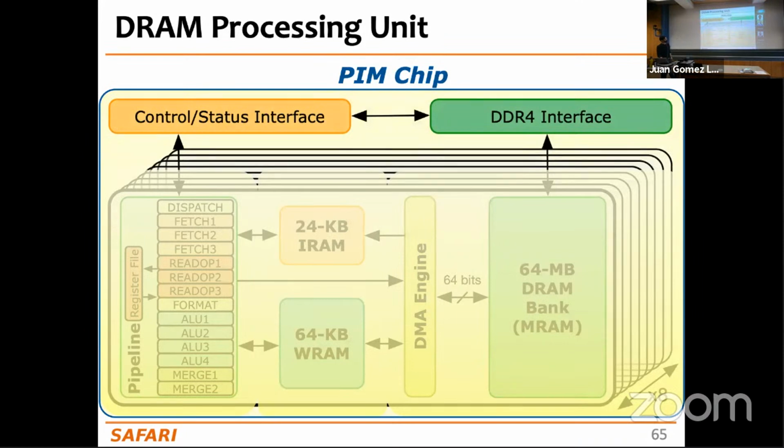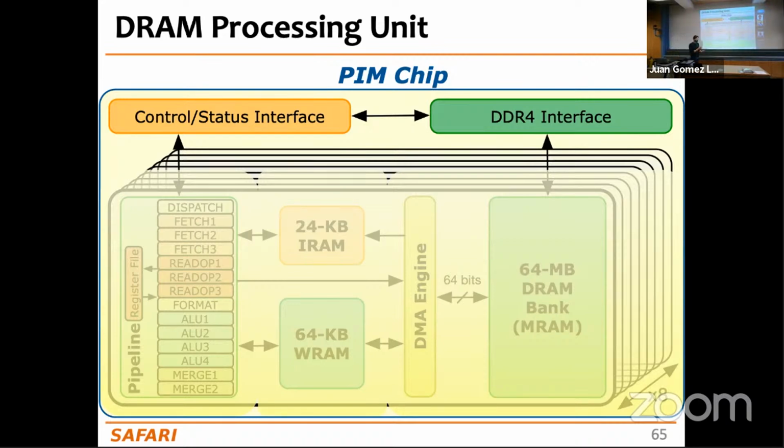If we look at the internals of the PIM chip, we find two interfaces. The first one, the DDR4 interface, is for the host CPU processor to access the MRAM banks, same as we have in conventional DDR4 chips. And then we also have a control status interface for the CPU to communicate with the DPUs. Why do we need this?